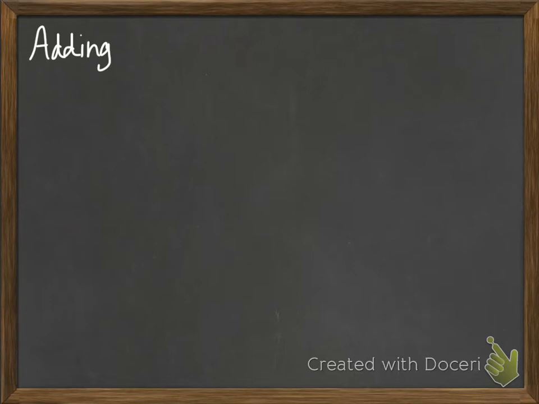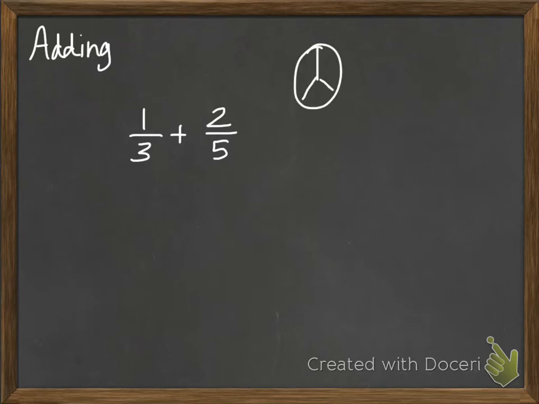So let's say you have a fraction like 1 over 3 plus 2 over 5. I want to add those up, but just like the pizza example, when we had a pizza, this pizza had 3 slices, this one had 5.